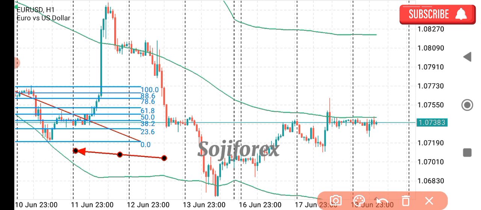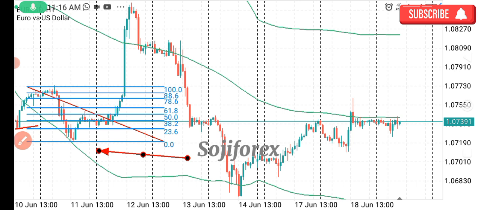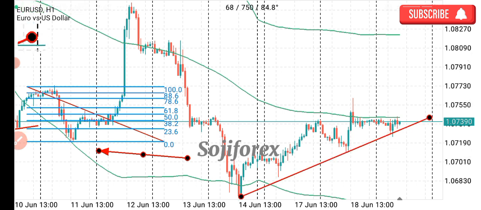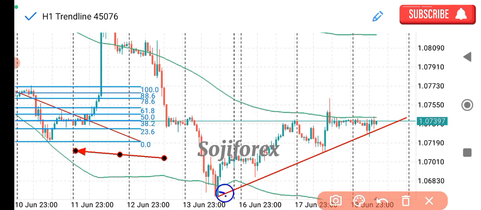So what we are looking at now, if we are to connect our trend line, we'll have something like this. Our goal now, we have used this point A and point B to connect the trend line. So our entry is here, that's what we are looking for.